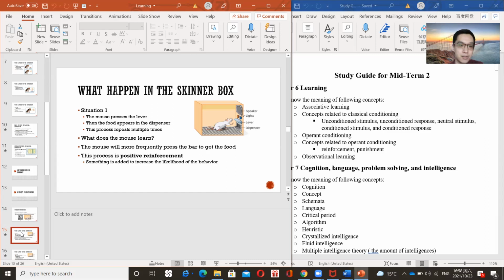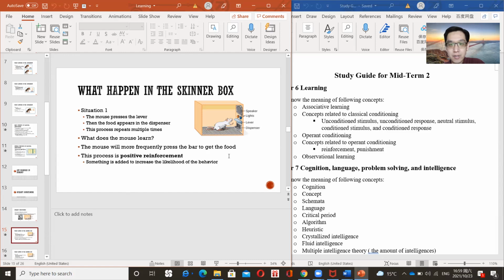That is called reinforcement. For example, in this Skinner box in the slide, when the mouse presses the lever, there is the food showing up. So the food is actually the reinforcement.